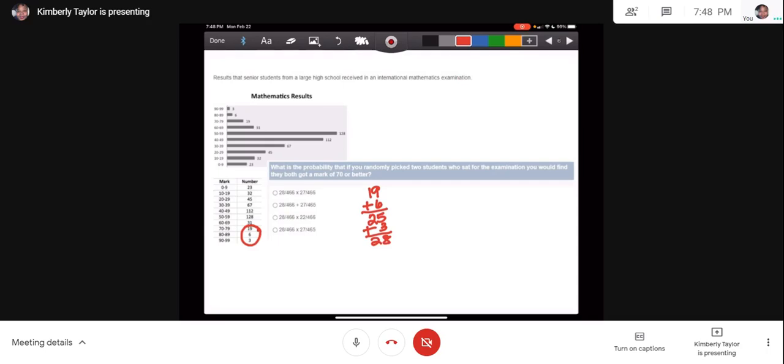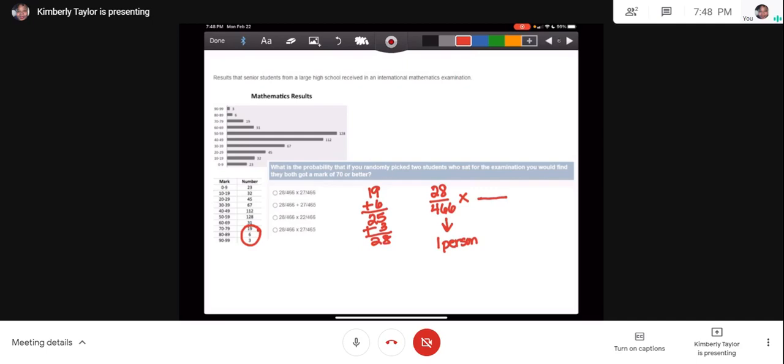Okay, so out of 466 people. So for the first person, 28 out of 466. This will give me one person. What's the probability of picking one person that got a score of 70 or better out of 466? It's going to be 28 out of 466. Now I need to pick the second person. If I pick the second person, I've already taken out one person.